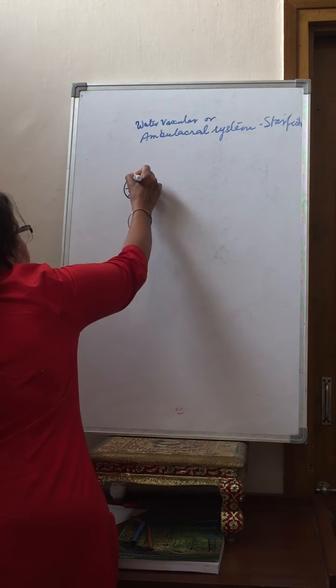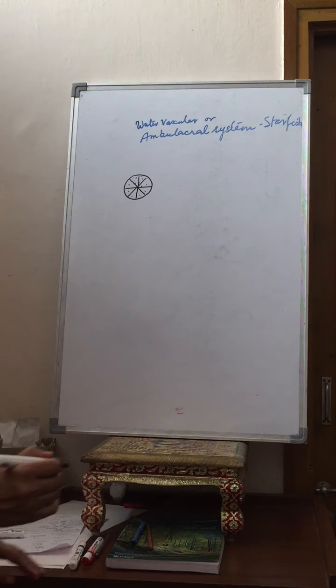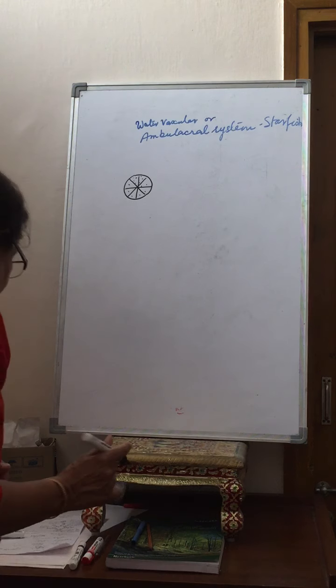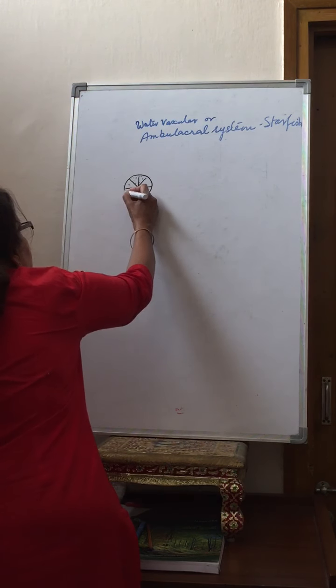This is the madreporite, which is present in the central disc close to the arms on the aboral surface of the starfish. It leads to ampulla.